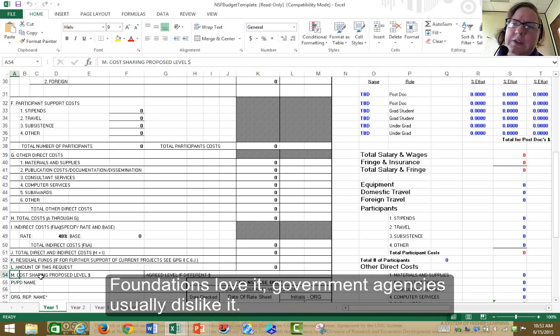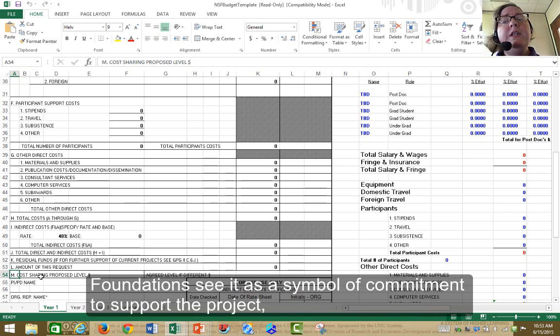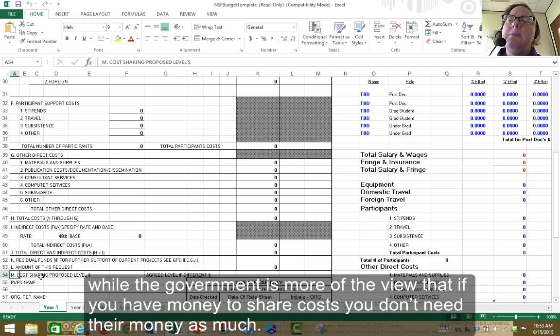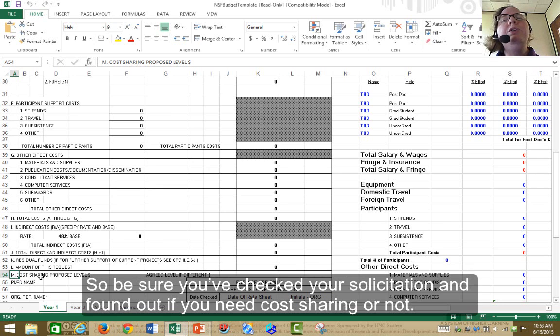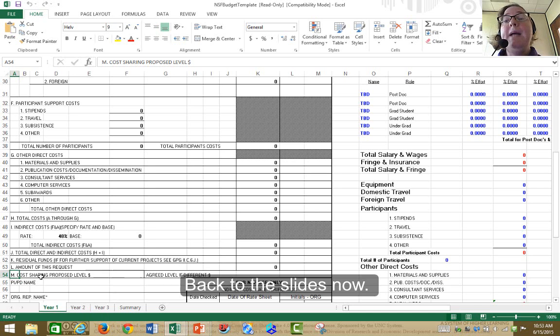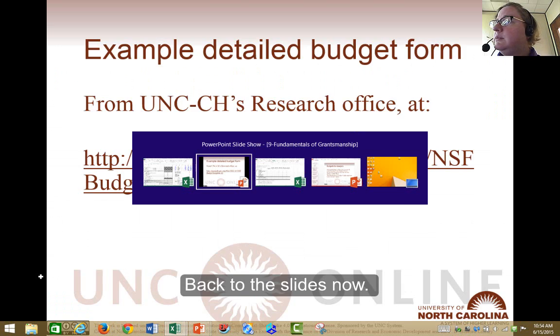Government agencies usually dislike it. Foundations see it as a symbol of commitment to support the project, while the government is more of the view that if you have money to share costs, you don't need their money as much. They're just different viewpoints. So be sure you've checked your solicitation and found out if you need cost sharing or not. Back to the slides now.